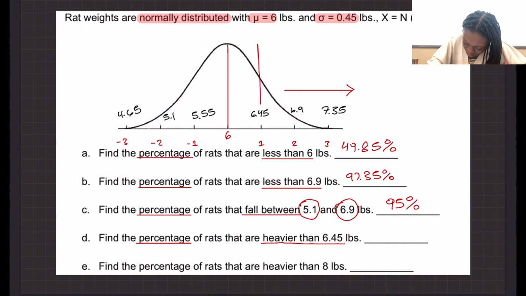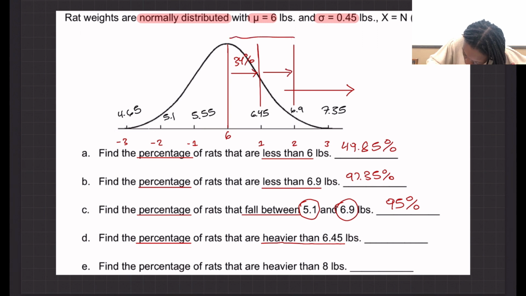From here to here is 34%. From here to here, because that is half of 68, right? 68 is the first standard deviation percentage. When we are getting from here to here, we need to find out how much this distance is.